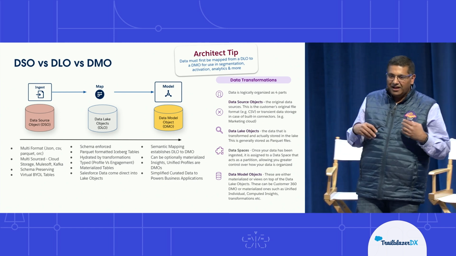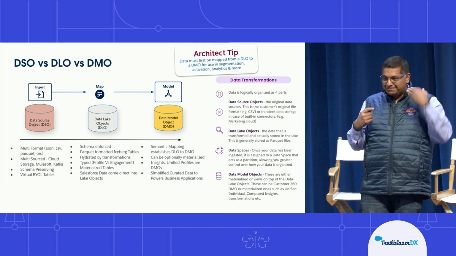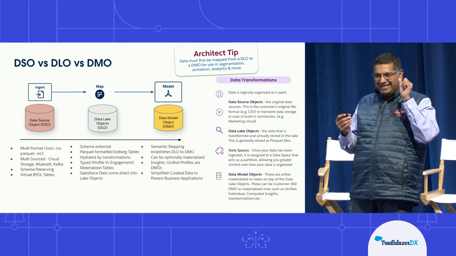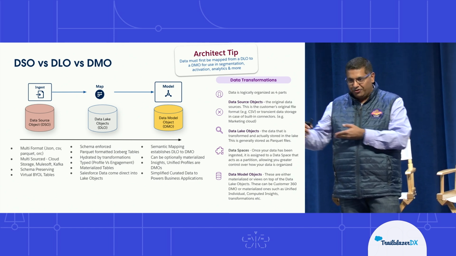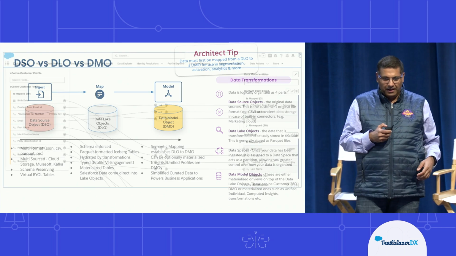So they are a non-materialized view that is pulling based on the mapping that you specify. The key thing to remember here is data first must be mapped from a DLO to a DMO in order for you to use it downstream for activation, for segmentation, for analytics.